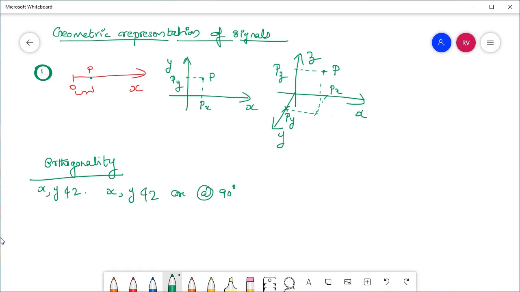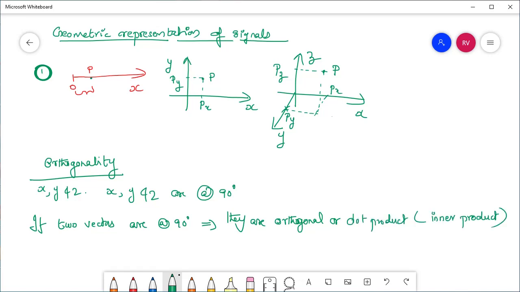What does that mean in vector terms, or in vector algebra? If two vectors are at 90 degrees, which implies that they are orthogonal, or their inner product, or the dot product, is 0.